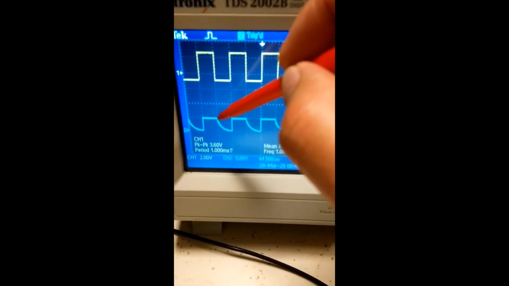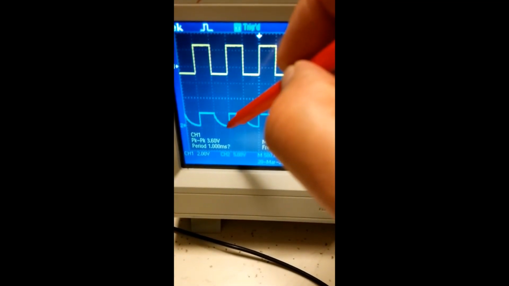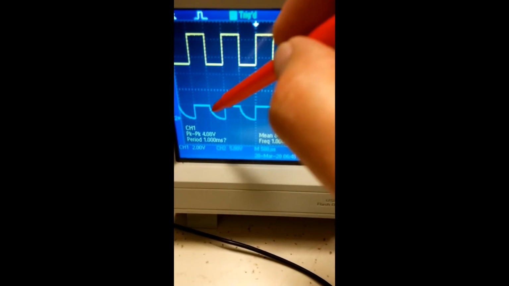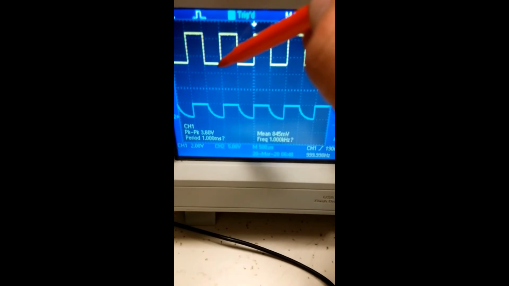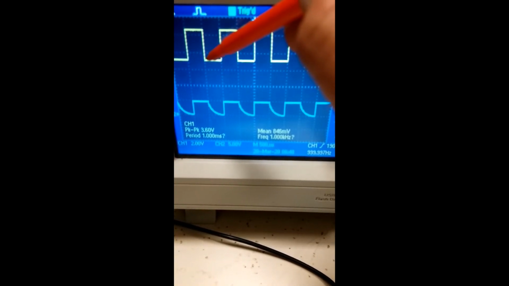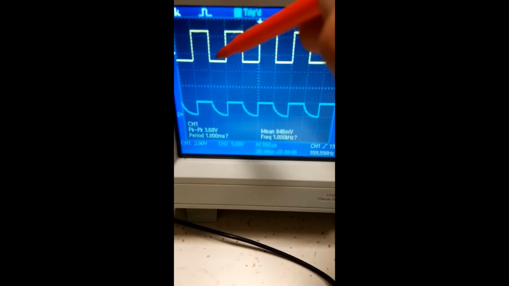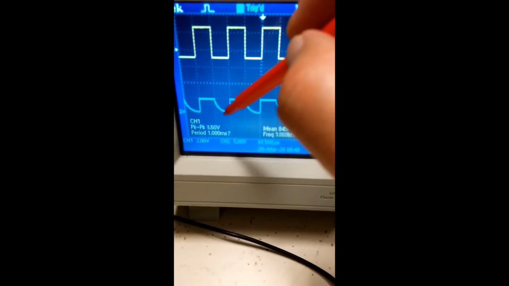The switch is on, and then you see there's a decay. I do not know why. Then the control is off: you have a low or zero voltage signal, and you're going to turn off the switch.